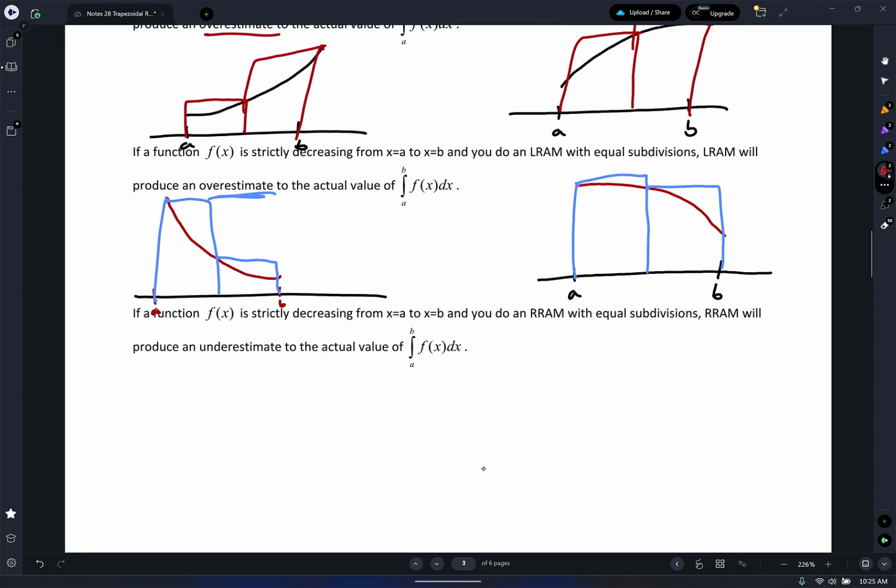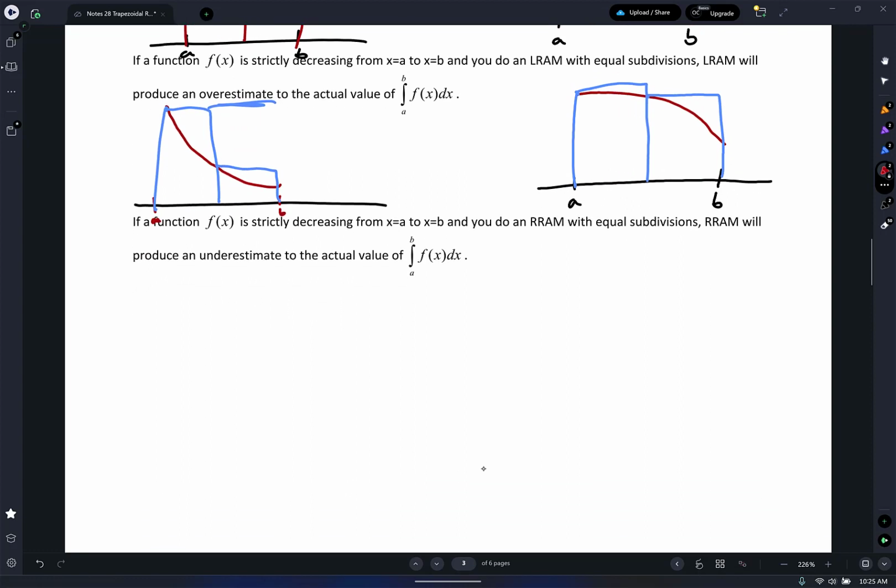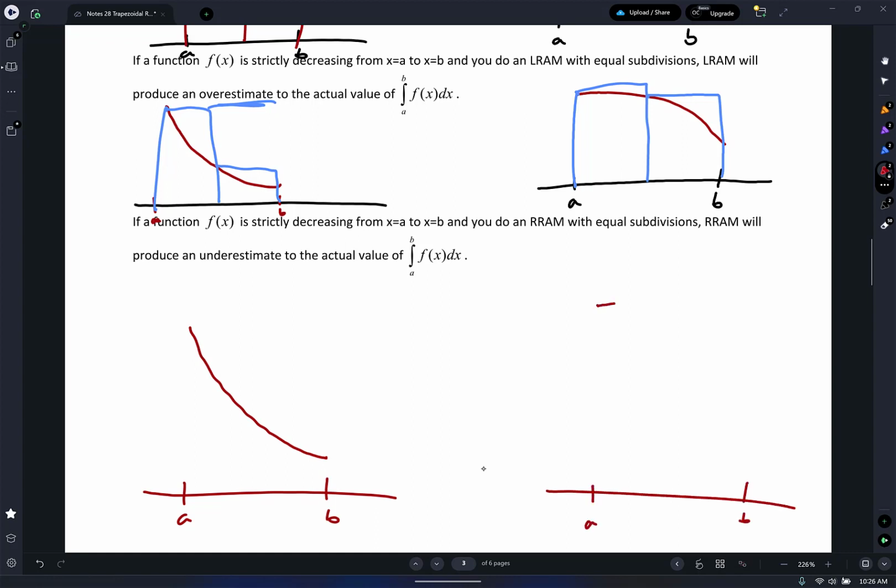And now decreasing in RRAM. Okay, now I got plenty of space here. A, B, decreasing concave up, and decreasing concave down. That's fine.